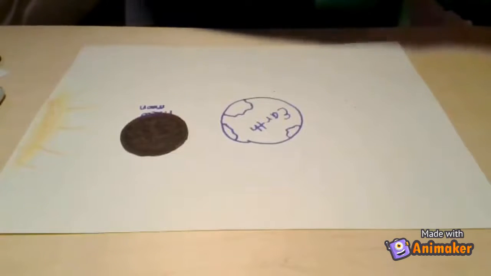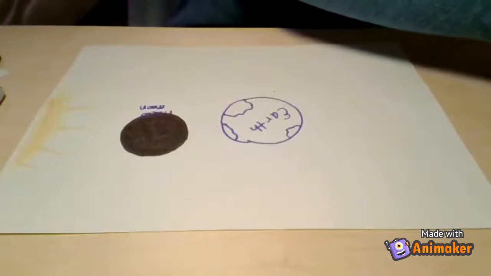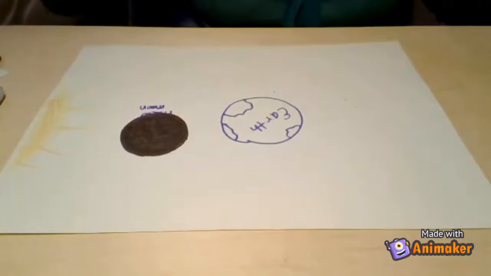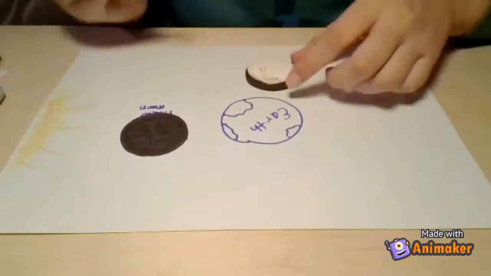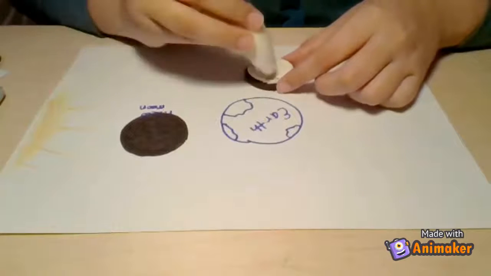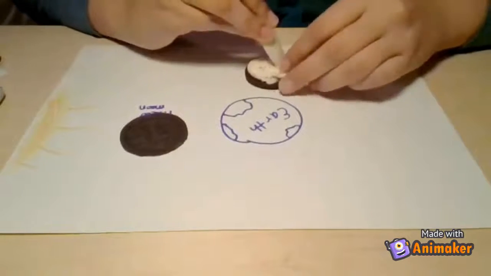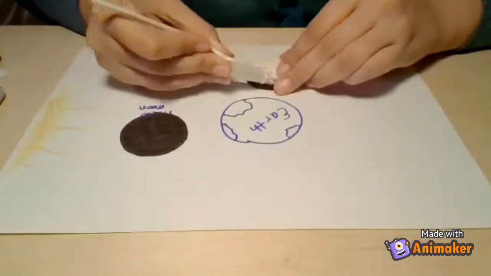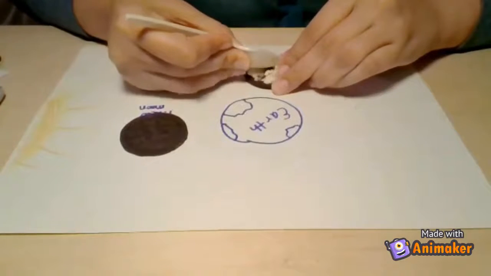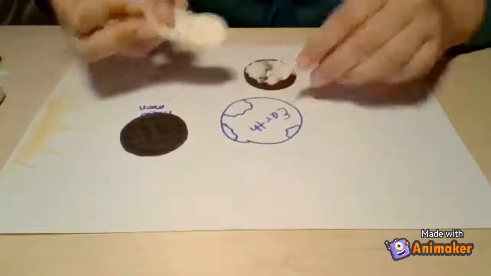Our second phase is a waxing crescent moon. Now, what does waxing mean? That means there's an increase in illuminating sun on the moon. So crescent is less than half. So we're going to scrape off the remaining and leave less than half. Feel free to eat the icing.